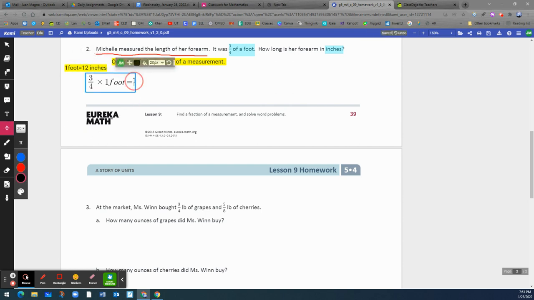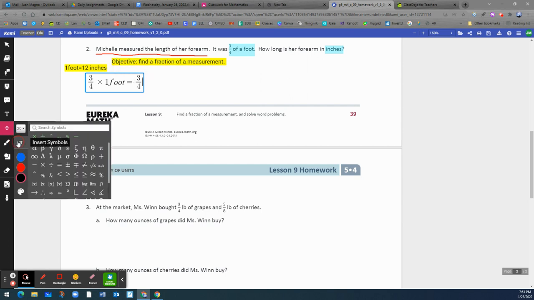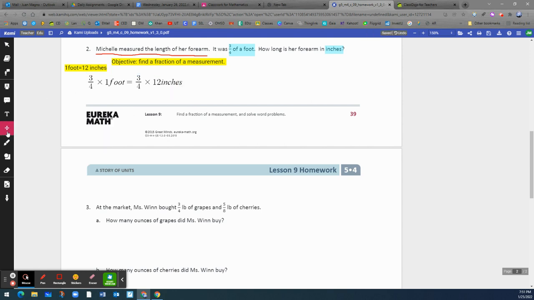All right, so let's convert that one. Let's do step number 2. We're going to rewrite the same fraction, but this time we're going to change the foot into inches. And we know that 1 foot equals 12 inches. So there you go. Now let's label this quickly.